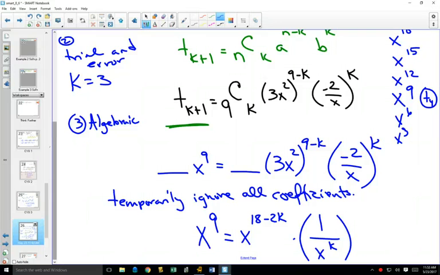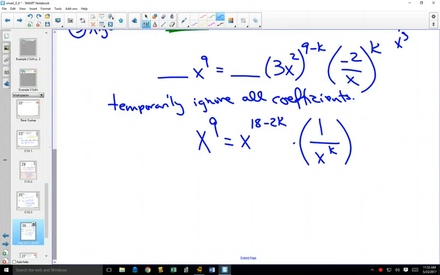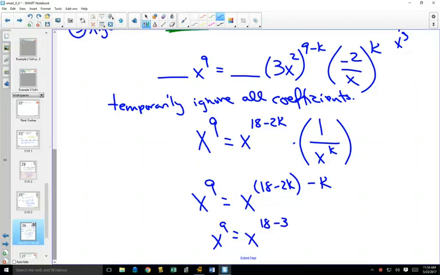Continuing with my exponent laws, what exponent law do you use when you divide? You subtract. So x to the 9 has to equal x to the 18 minus 2k, and then I have to subtract k on the bottom. In other words, x to the 9 is equal to x to the 18 minus 3k.